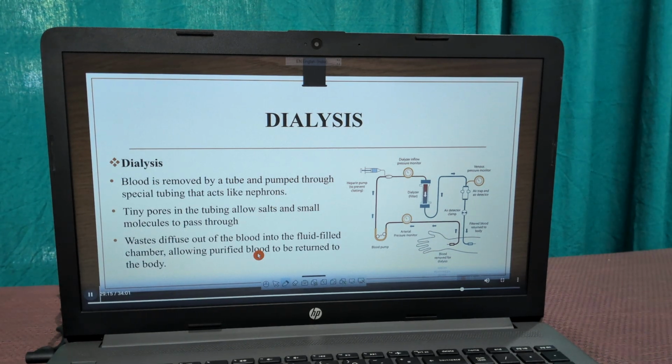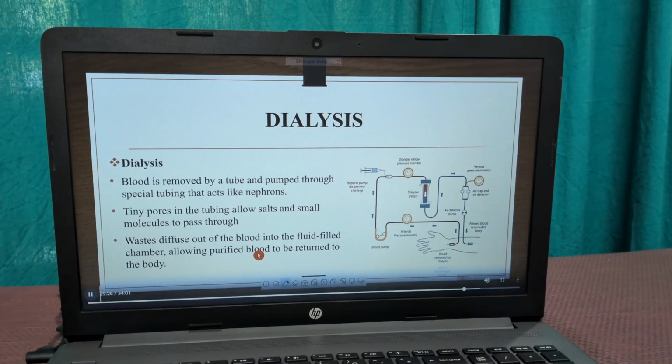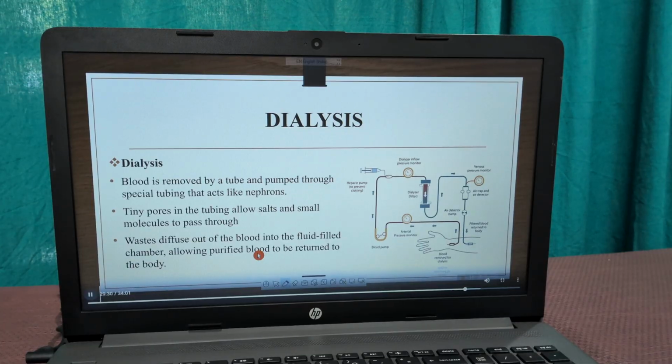In certain conditions where the kidneys are not functioning properly and are not filtering the blood properly, a process called dialysis is performed in such patients.